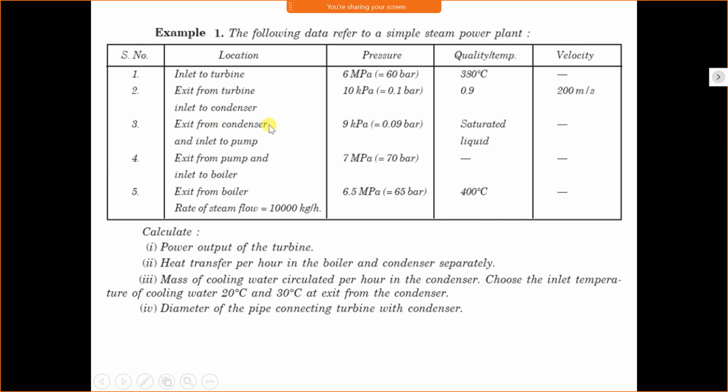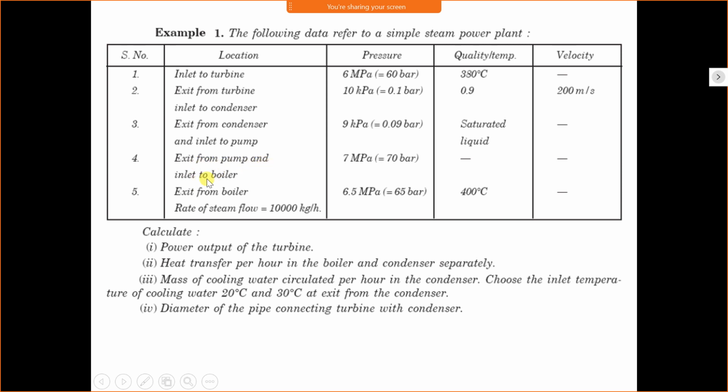Exit from the condenser, which means inlet to the pump, is at 0.09 bar and saturated liquid. Look at here, whenever saturated or wet is given, only pressure or temperature, not both, would be given.